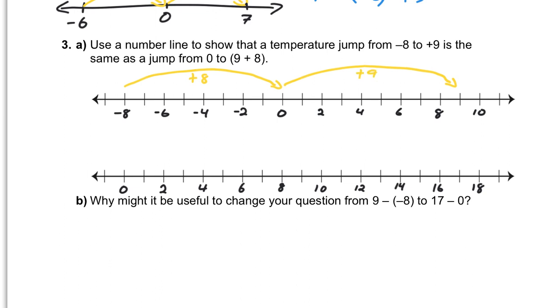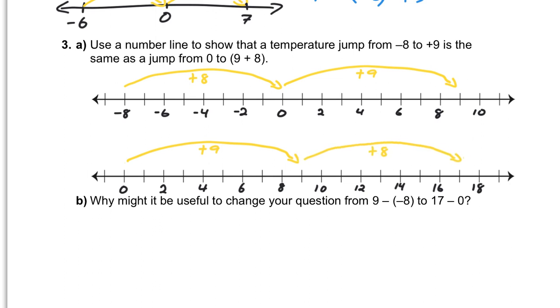So how is this the same as 0 to 9 plus 8? Well, we can duplicate this 9 right here and put it right over here from 0 to 9, and we can duplicate this as well, our +8, and put it right from here to there.